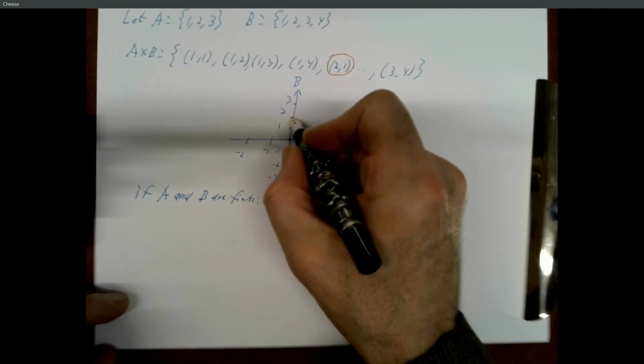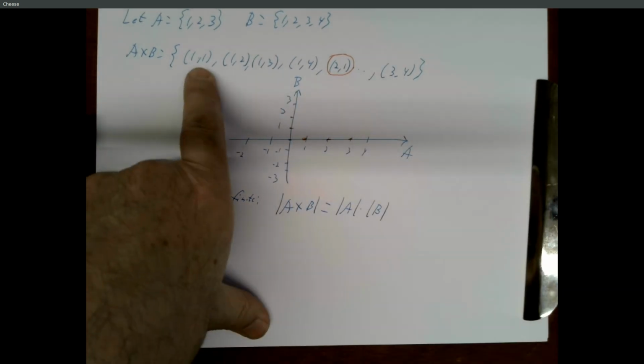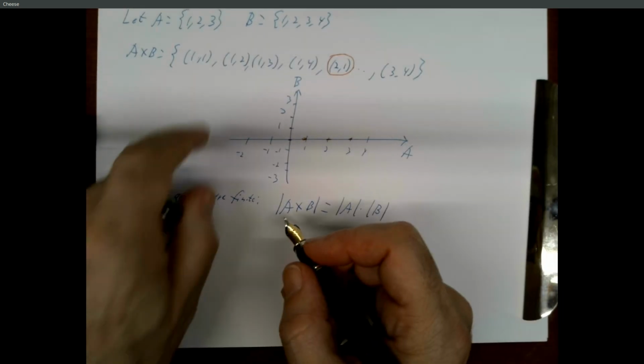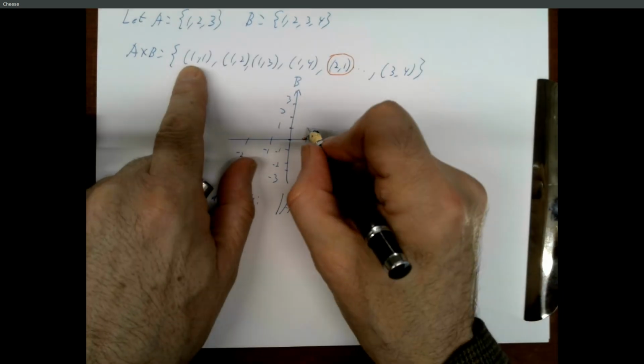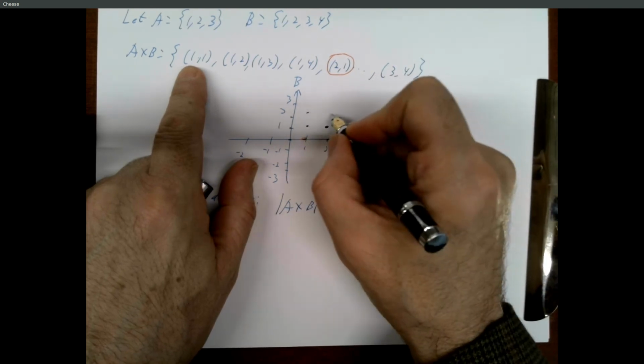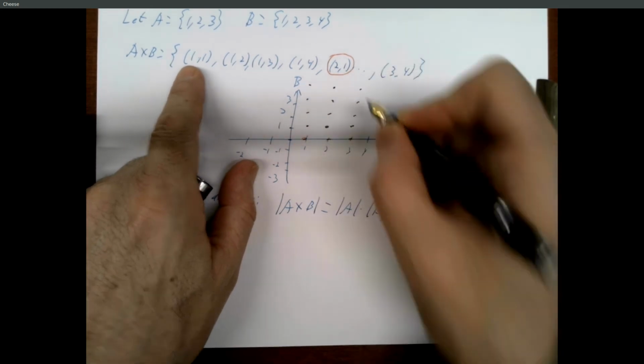The set B contains 1, 2, 3, 4. But if we think of these tuples as being Cartesian coordinates, there's that word Cartesian, right? What are the elements of A cross B? Well, (1, 1), (2, 1), (3, 1), (1, 2), (2, 2), (3, 2). It's these 12 dots.